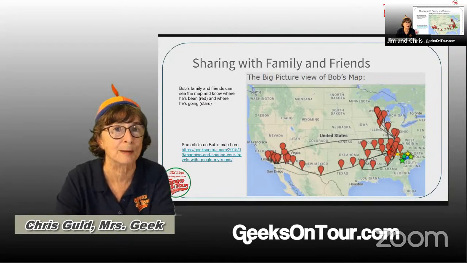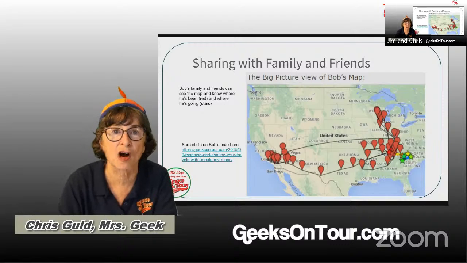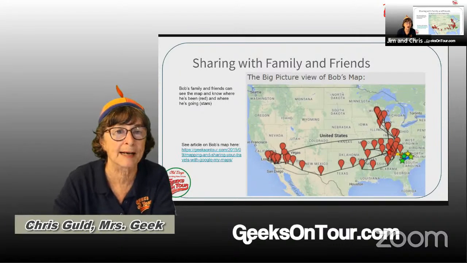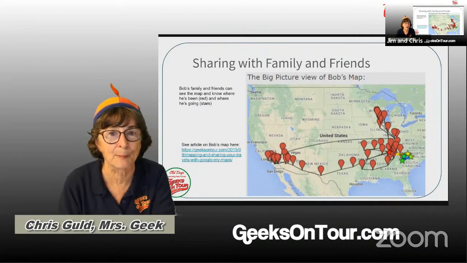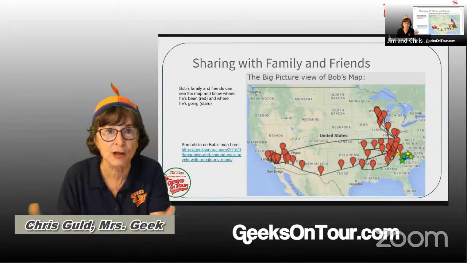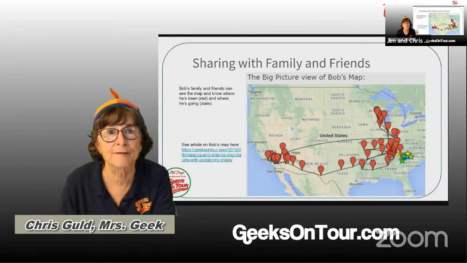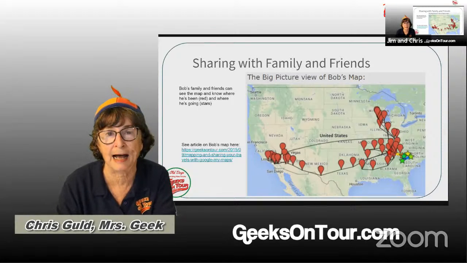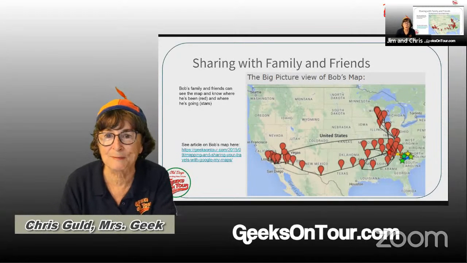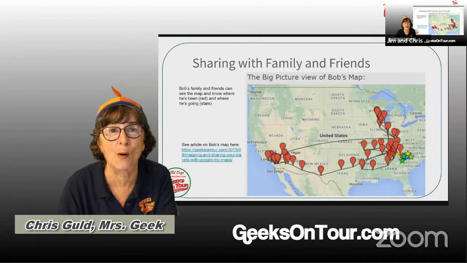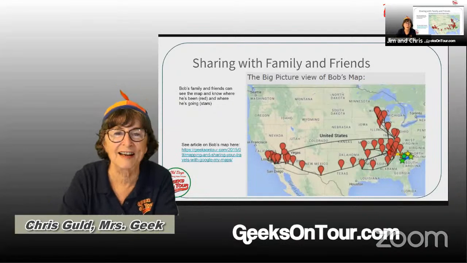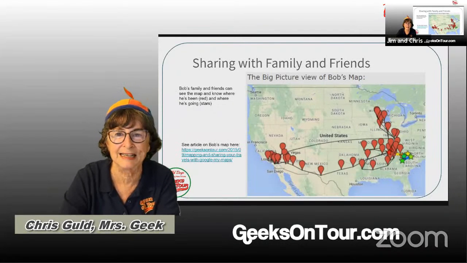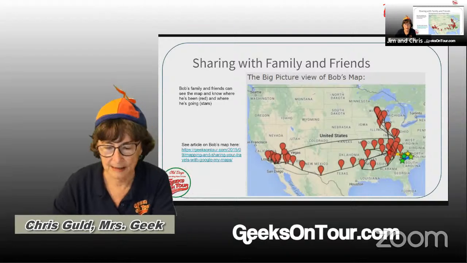The red ones mean he's already been there, and the stars are the places where he's going. And he shares this with his family. So if a family member wants to contact or wants to surprise him and show up somewhere, they can find out where he's going to be in the stars.